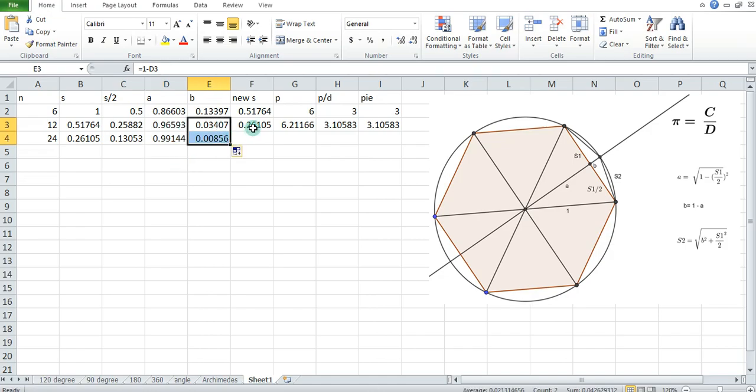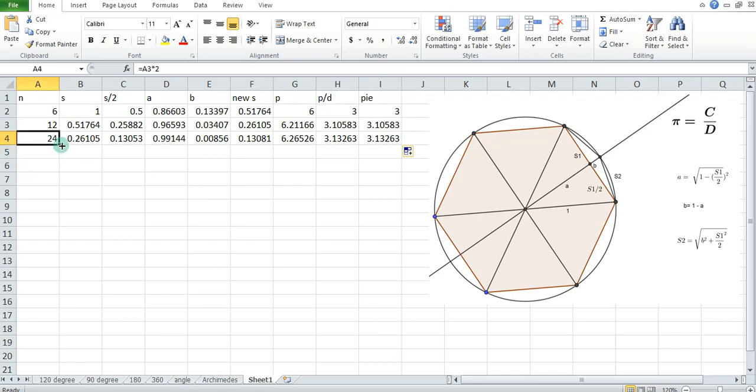Same formula we can use. So you can see the value for pi is approaching smoothly. When we increase the number of sides of the polygon, it will approach a circle, and the value of pi is also approaching its real value.